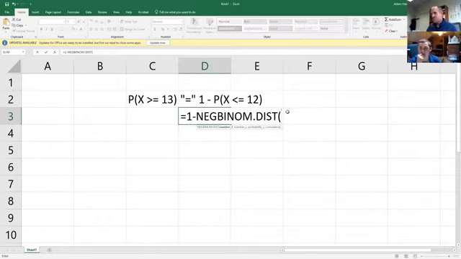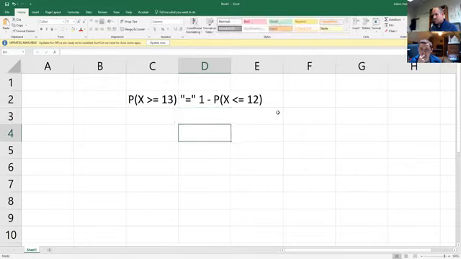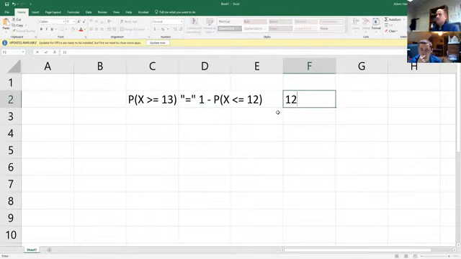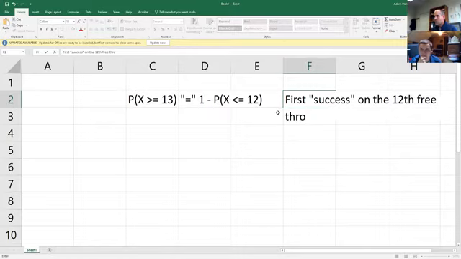Okay, let me delete this for a minute. I'll just say 12. So the first success on the 12th free throw means what?